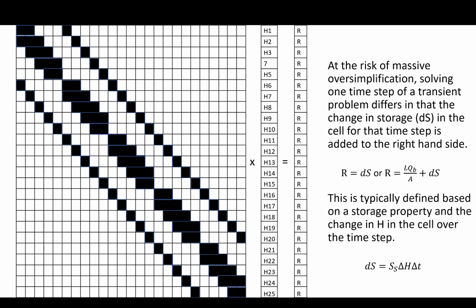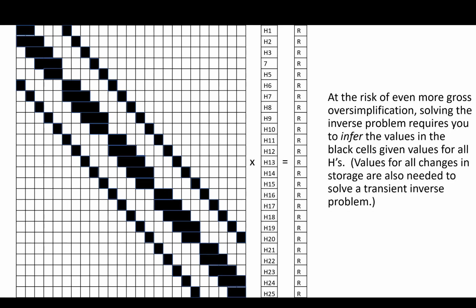We relate that change in storage to a change in head multiplied by some storage capacity of the porous medium multiplied by the time step. This makes transient problems more difficult to solve because the right-hand side of the equation depends on the head value, but we need to know the right-hand side of the equation before we can solve for the head value.